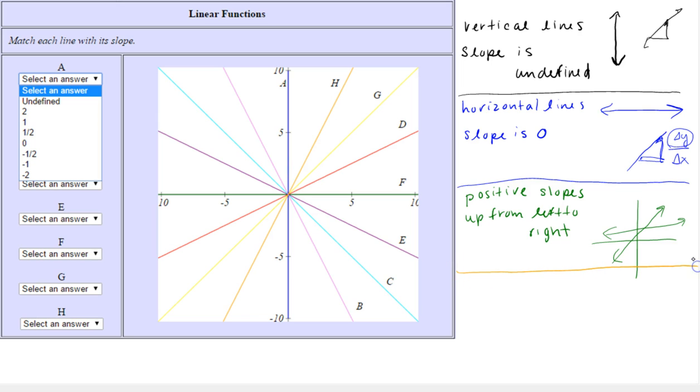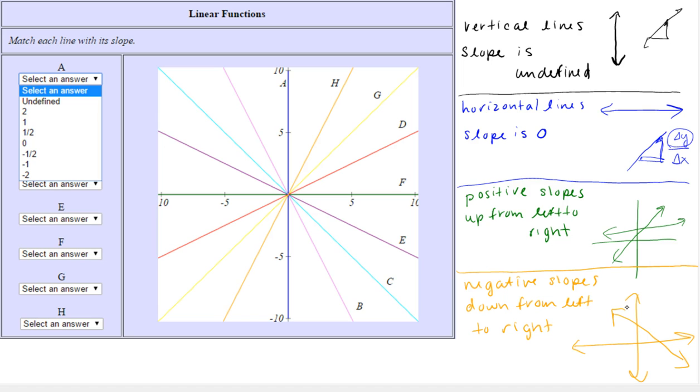And similarly, negative slopes go down if you look at them from left to right. So I'm going to make the axes, and this line has a negative slope.